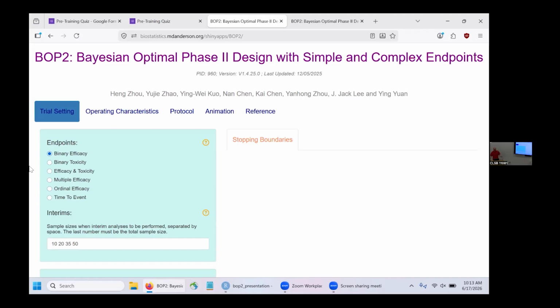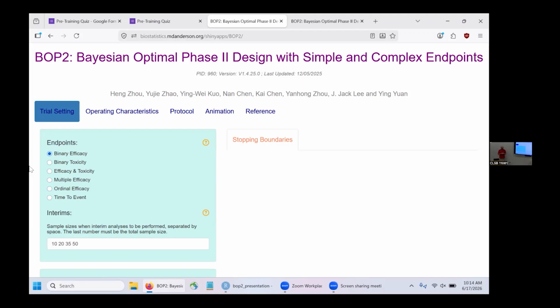With Bayesian statistics, there isn't really a penalty in terms of the statistics for having a bunch of interim analyses. You're just updating your posterior based on the data you observe. And it's not like with frequentist statistics where you have to spend your alpha, and by looking at the data multiple times, you're inflating your family-wise error rate.